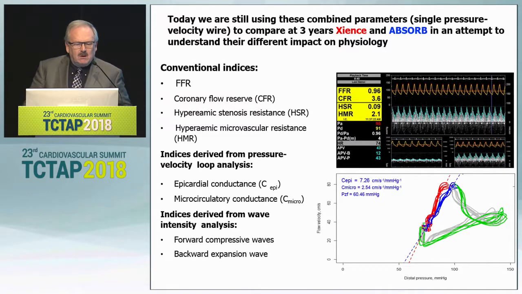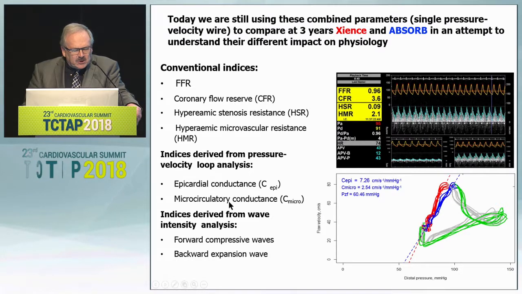Then later on, we kept working with this technology of pressure velocity loop. We are now a quarter century, 18 years later, and we're still comparing pressure and velocity, and we still have these parameters of FFR, coronary flow reserve, hyperemic resistance, microresistance, epicardial conductance, microcirculatory conductance.